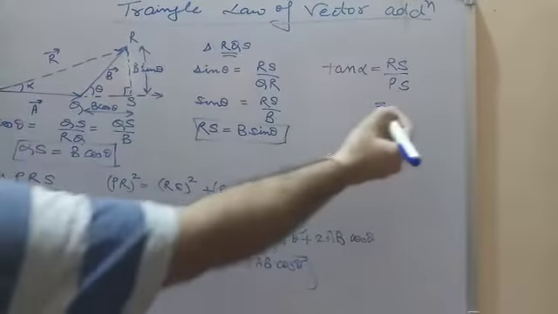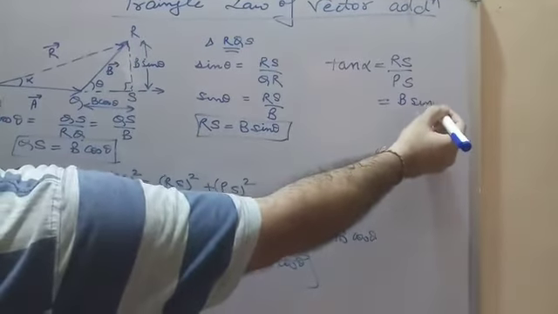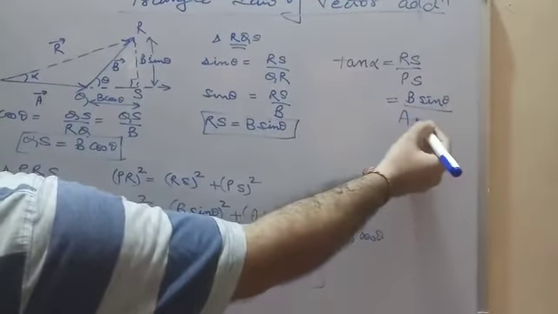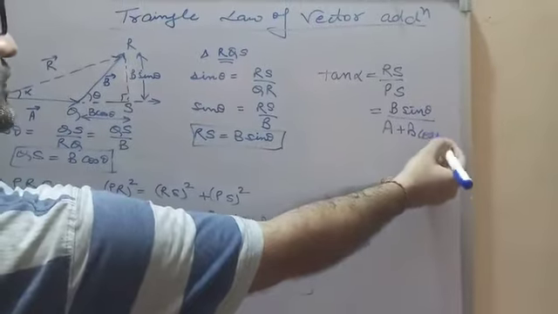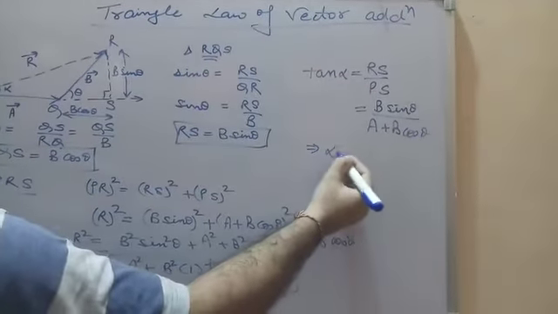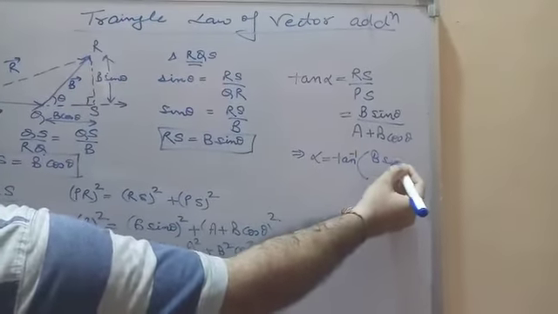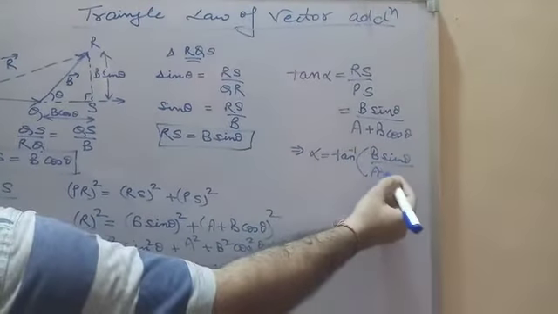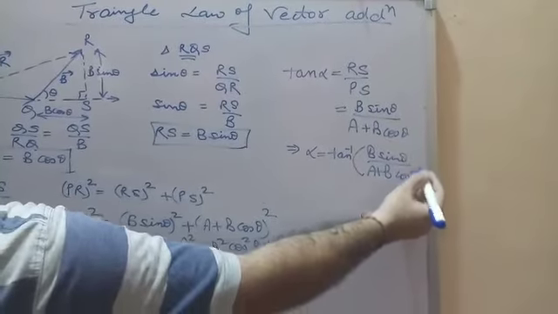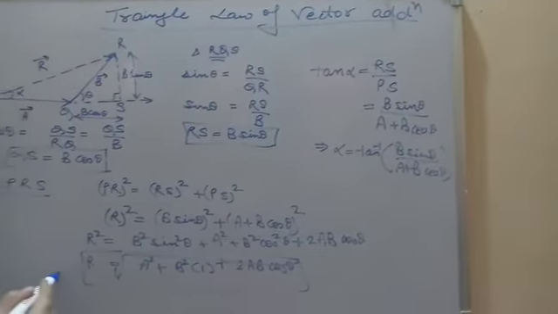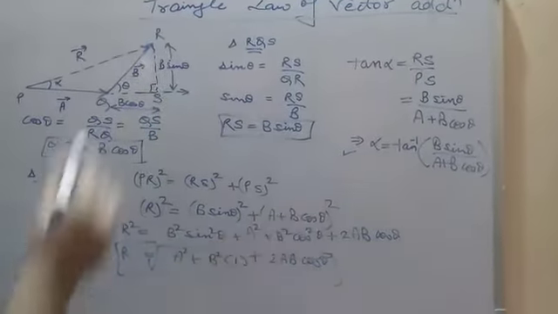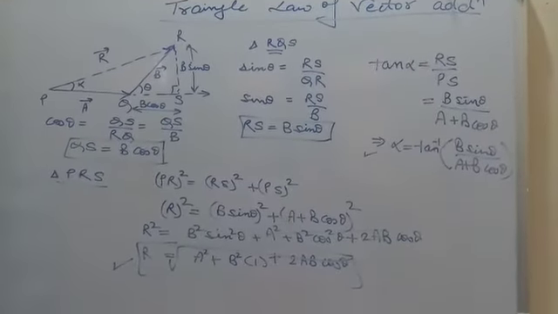Now what is RS? That is b sin theta upon a plus b cos theta. Therefore alpha would be tan inverse of b sin theta upon a plus b cos theta. So this is how we find the magnitude and the direction from the triangle law of vector addition.